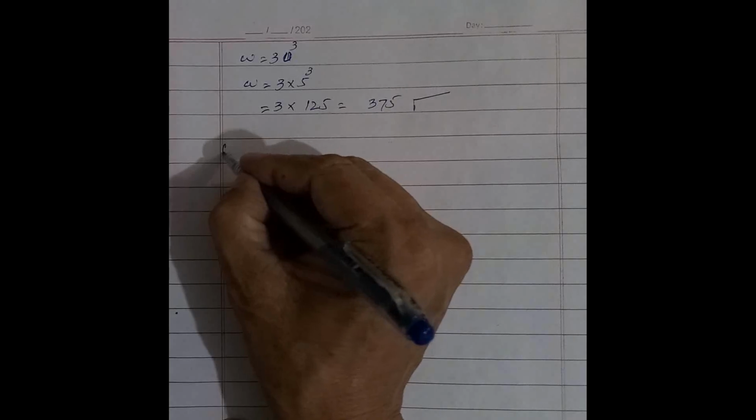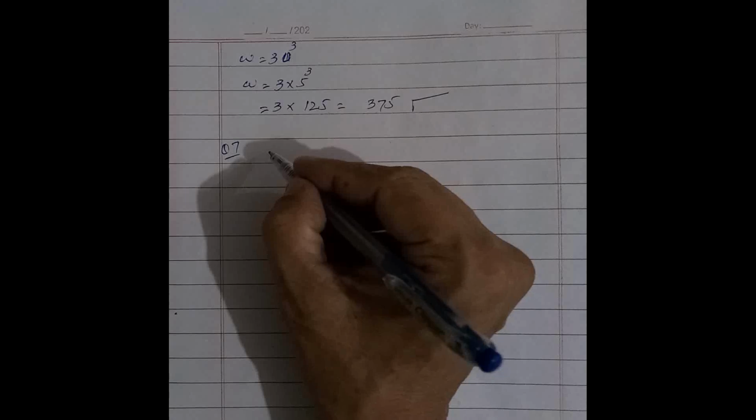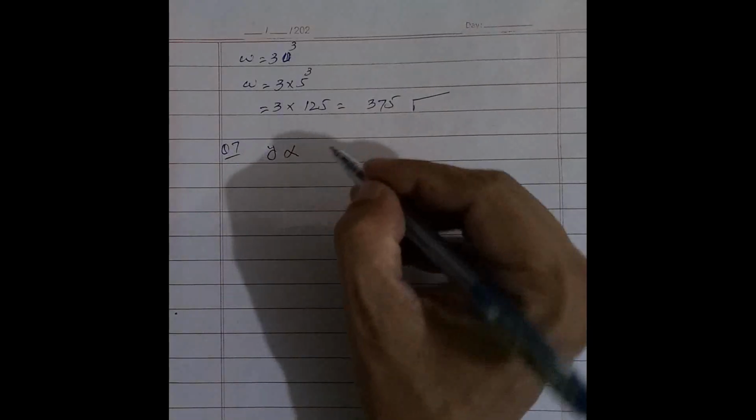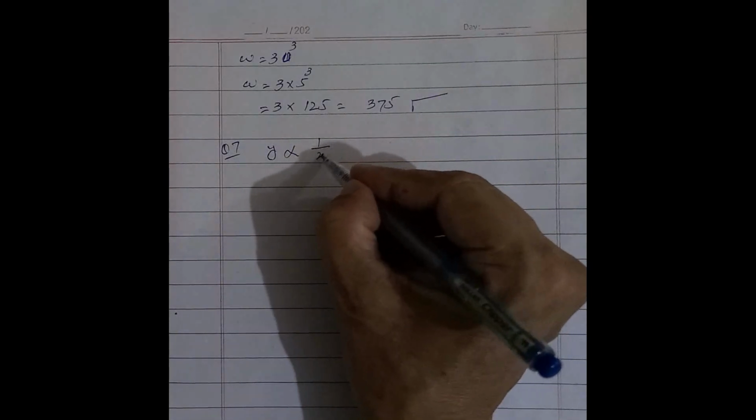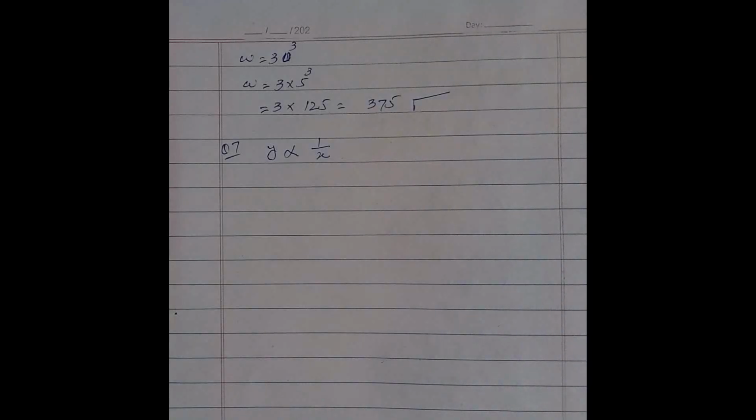And next, question 7. Students, question 7 is an inverse proportion: y varies inversely as x. Inversely means 1 over x. We write the reciprocal of the second value.